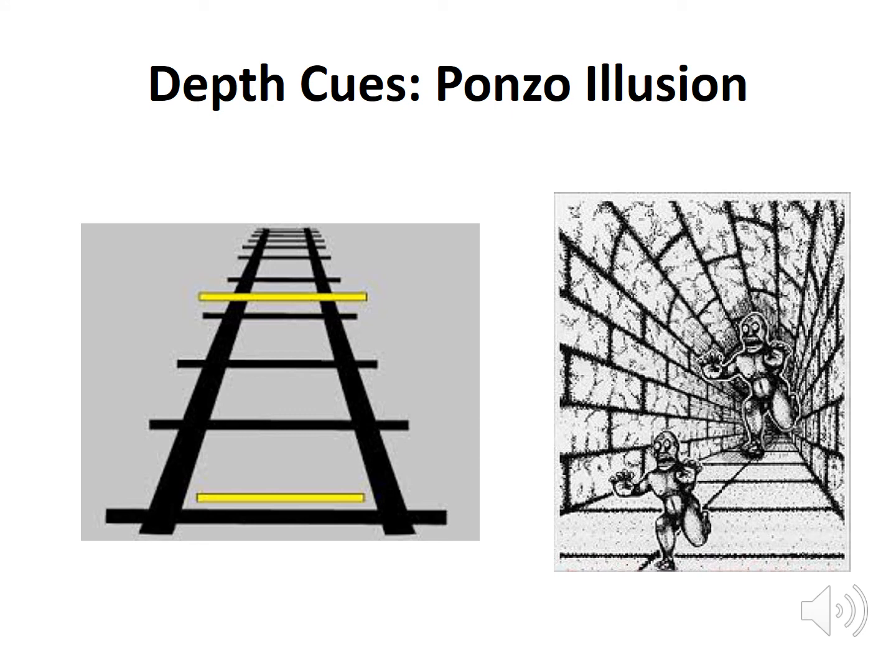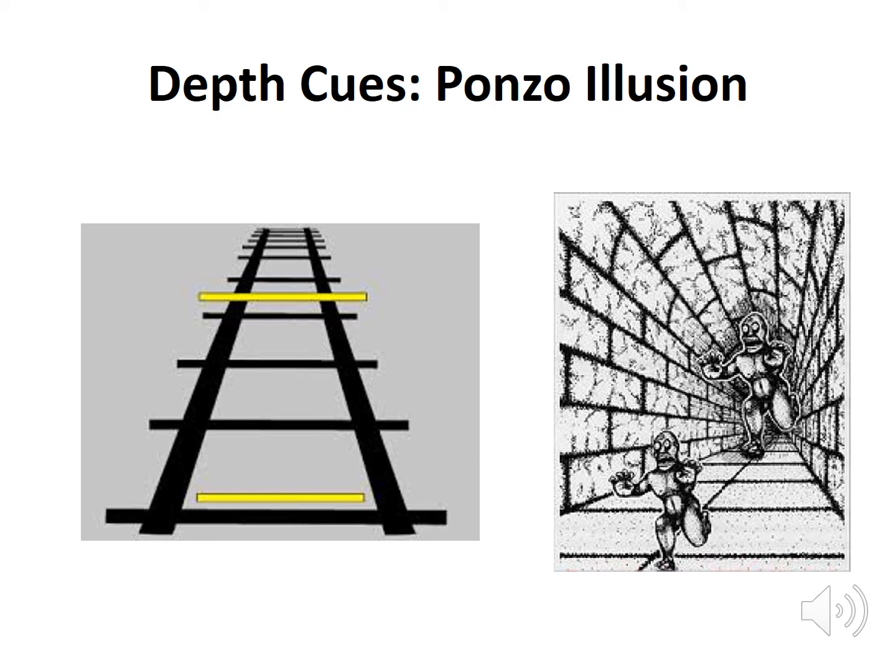Now the idea here is that there's sort of a 3D illustration implied. Also, we would probably interpret this image as a ladder going up or as railroad tracks going into the distance. And by this sort of implication, we probably would interpret the upper line as longer, since it is further away, it must be longer than the lower line.